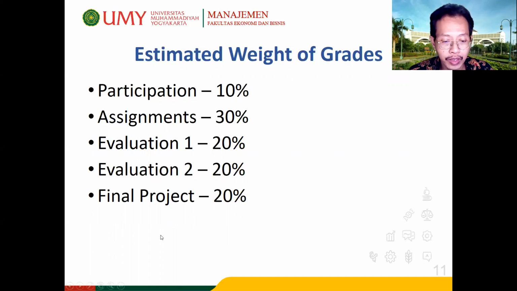And also at the end of the course, a final project, which is worth 20%. So you add all that up, 10, 30 plus 20, that would be about 60% of the total scores based on how active you are in class, in doing the assignments, in doing the final project.